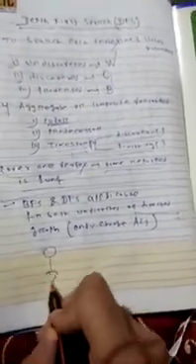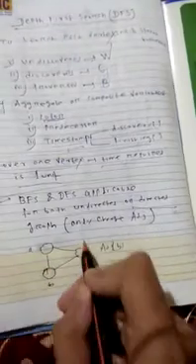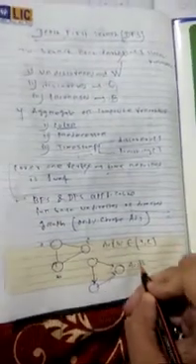Suppose this is A, this is B, this is C. What is the adjacent of B? For an undirected graph, the adjacent of B is A and C. If it is directed, then what is the adjacent of B?